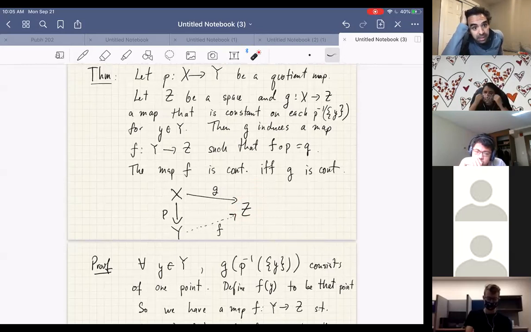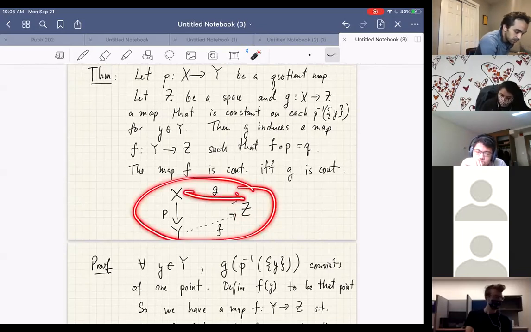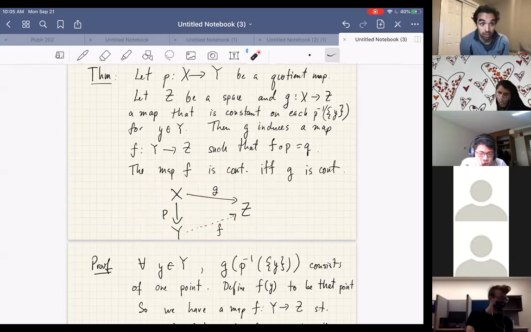Does this make sense more conceptually? When I say descends, I mean this picture here. You start with a map here, then there's an induced continuous map down here, assuming this is a quotient map. That's what you have to grasp from this theorem.